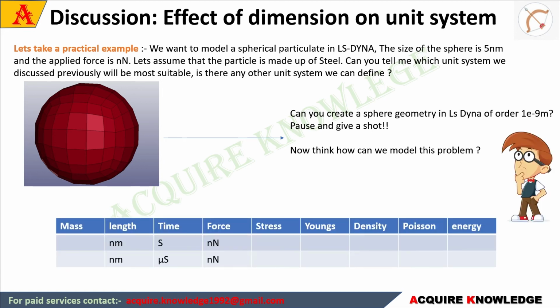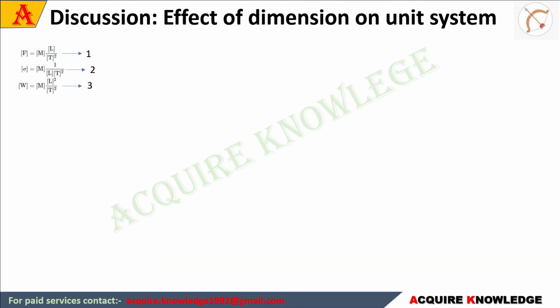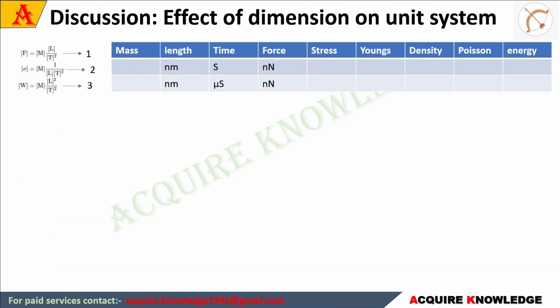To demonstrate, what I did is take two sets of unit systems and see how the values of the density and the Young's modulus are going to vary. So we are going to assume that this particulate is made up of structural steel only. So let's start with the first case. In the first case we fixed the unit of length as nanometer, time as second, force as nanonewton.